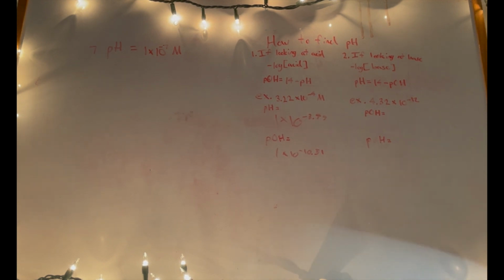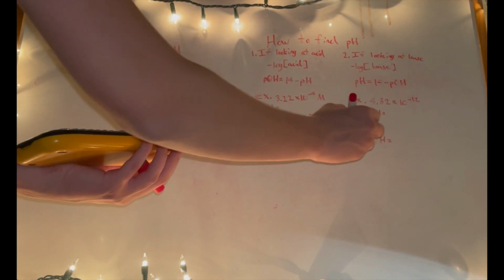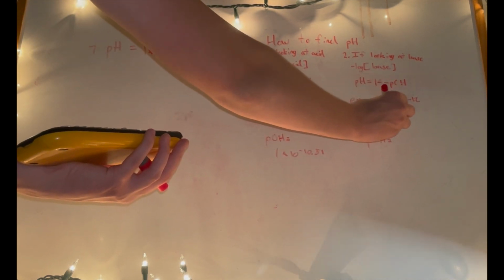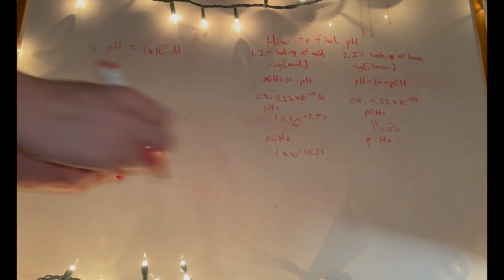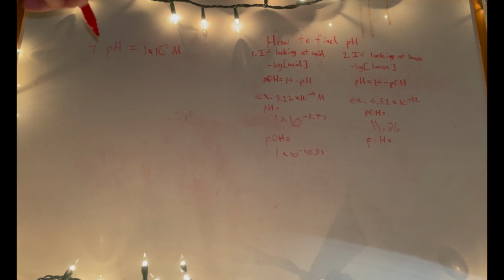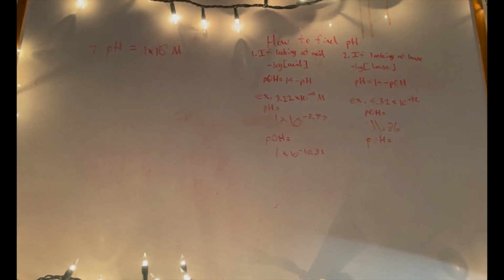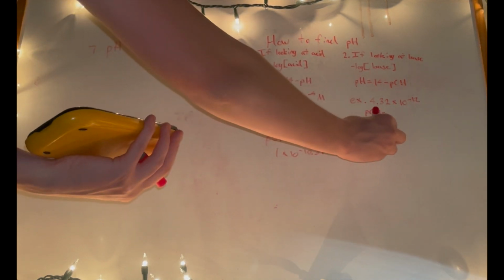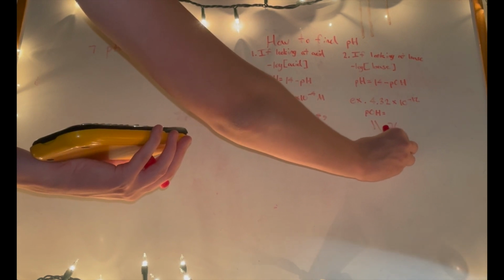11.3645165. So I'm just going to write that as 11.36, which, remember, is just the same thing as 1 times 10 to the negative 11.36. And then from there we subtract 11.36 from 14 to get our pH of 2.64.